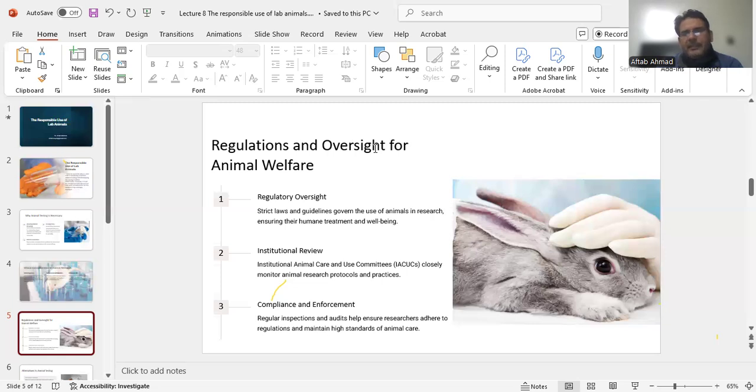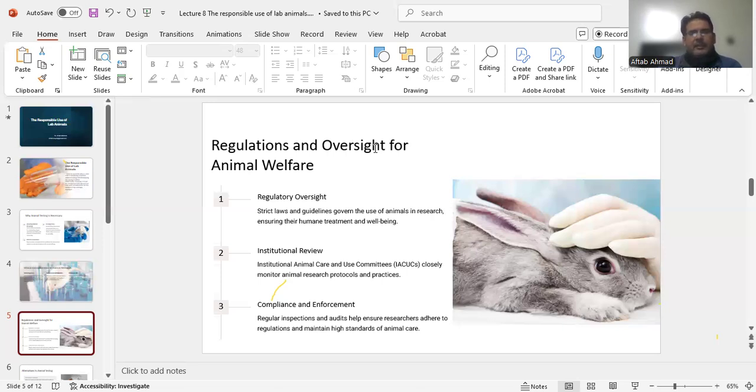And if certain changes are needed, they ask you for those changes, and then you can proceed with your study. So in Pakistan, even now, there is an institutional regulatory body which regulates all the protocols and procedures, and only then you can start those.